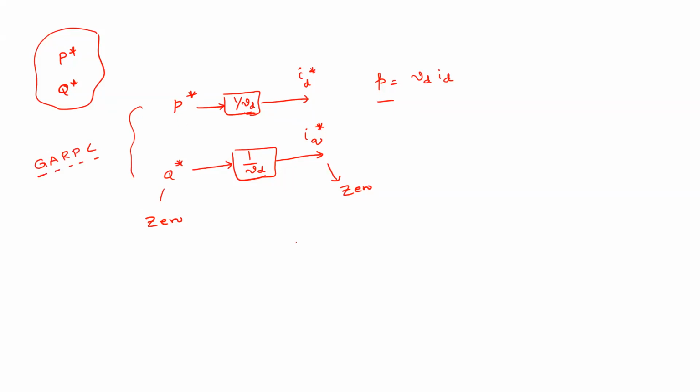Right. So we have the other two things: one is the VDC reference and the Q reference. In most cases, this will be 0. This is known as VOC, that is voltage oriented control. As we already discussed, there are two ways to control the inverter.